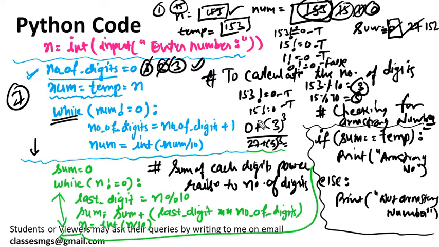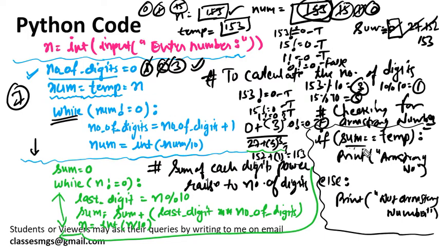Again 1 is not equal to 0, condition true. This time the last digit is 1 % 10 equals 1, because the remainder is 1 only, and sum becomes 152 plus 1 raised to power 3, that will be 153. The number divided by 10 again becomes 0, 0 is not equal to 0 is false, and this loop will terminate.